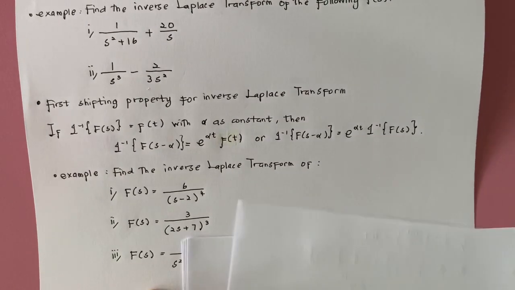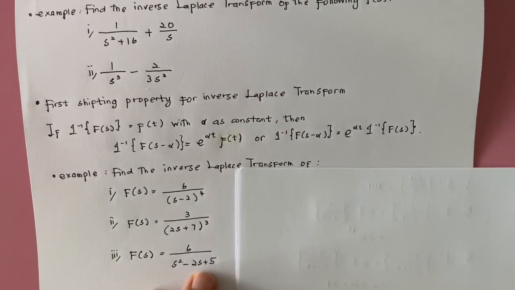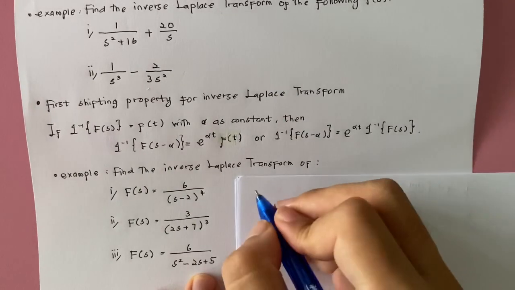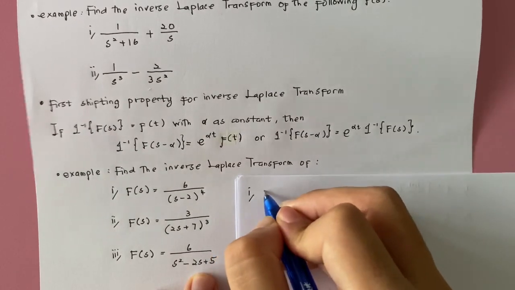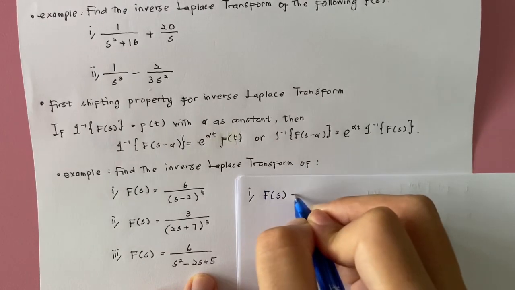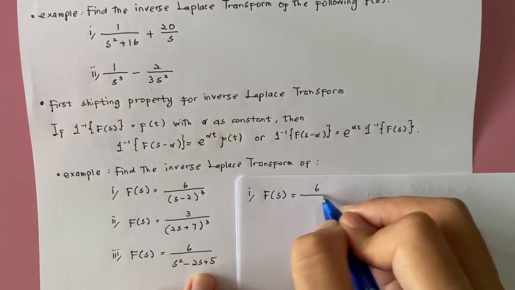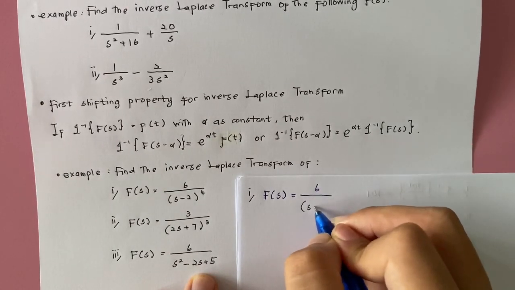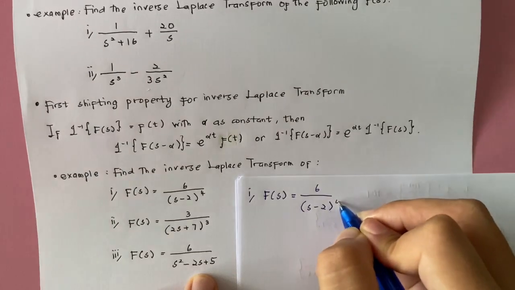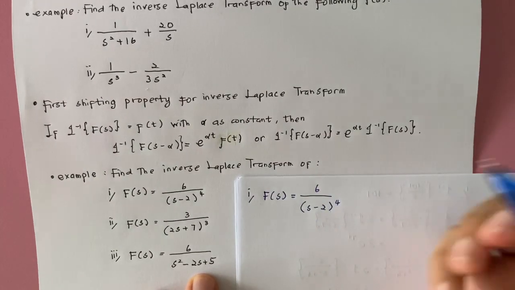Okay. So for the first one, we have F(s) equal to 6 over (s minus 2) to the power of 4.